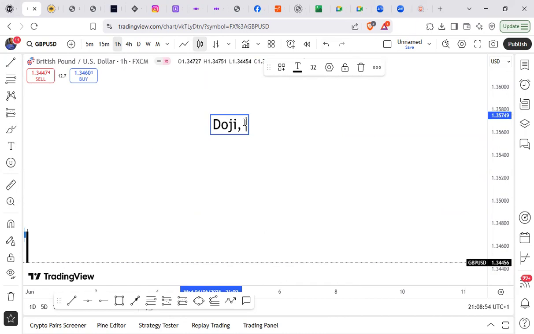We have engulfing. We have the bullish engulfing. We have the bearish engulfing.